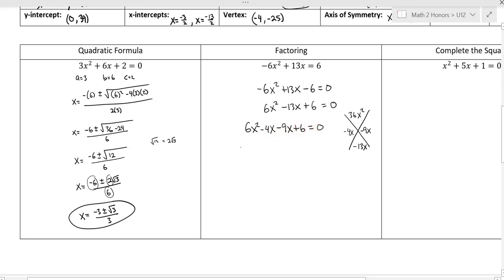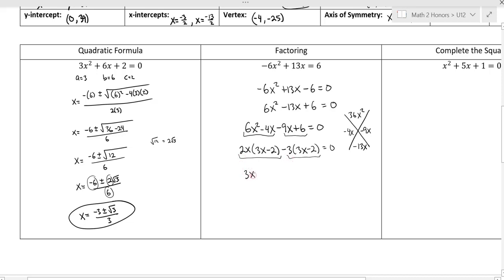Factor by grouping. So I'm going to factor 2x out of the first two terms, and then a negative 3 out of the last two terms. And then you notice if you look at the two remaining terms, they both have a 3x minus 2.